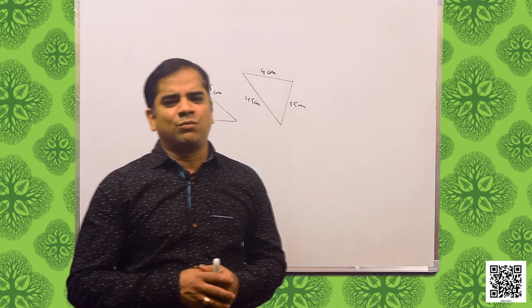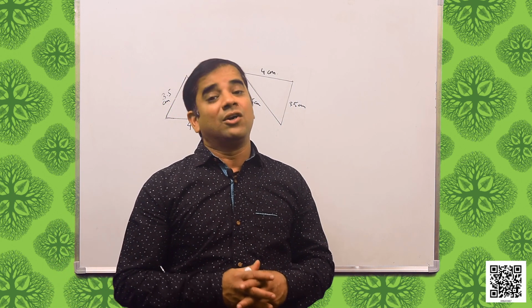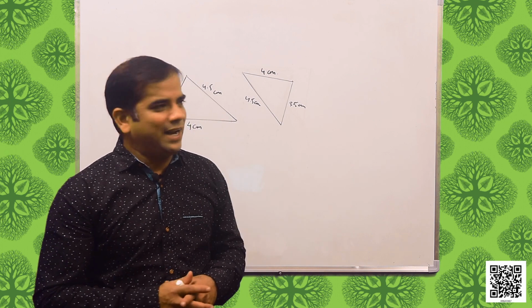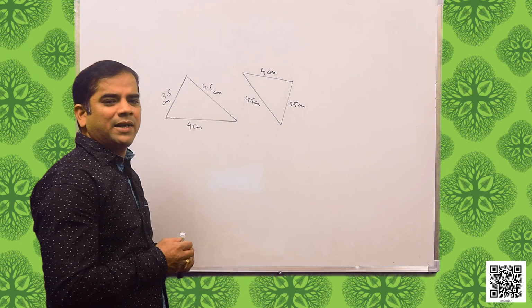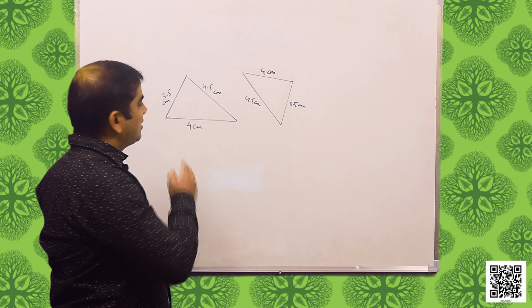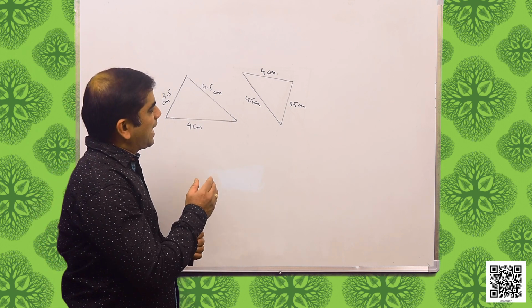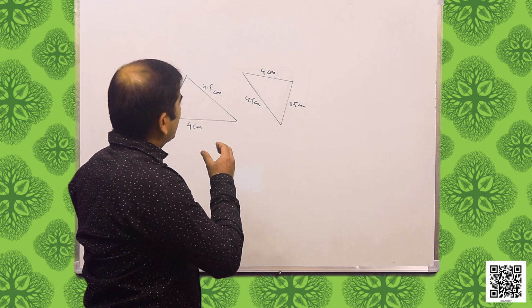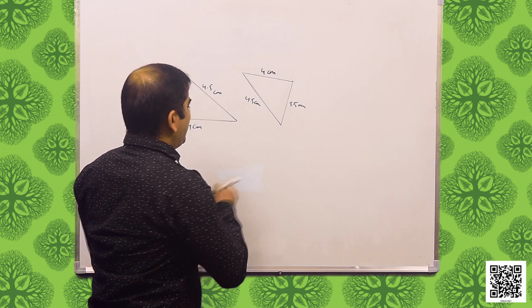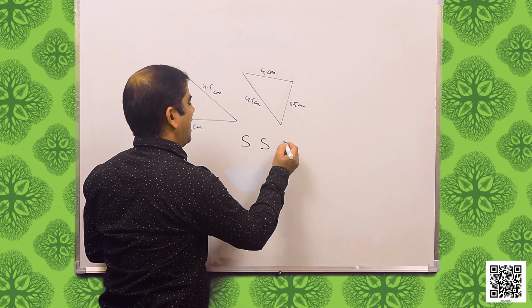So in that case, we arrive at another rule for congruency. Which things are given over here? No angles, only sides. So we can come to the rule of congruence: side, side and side.